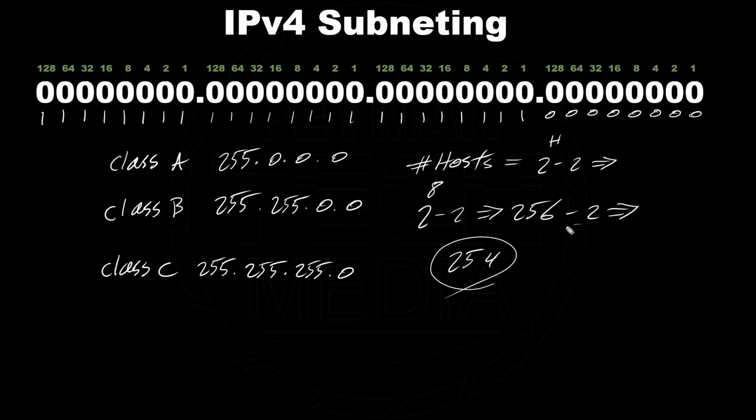That's why we do the minus 2, because one IP address is for the network address and one IP address for the broadcast address, and all the available IP addresses in between, those are the usable IP addresses that we can use. Again, in previous videos we talked about this in a lot more detail when we went over the default subnet mask for each class.